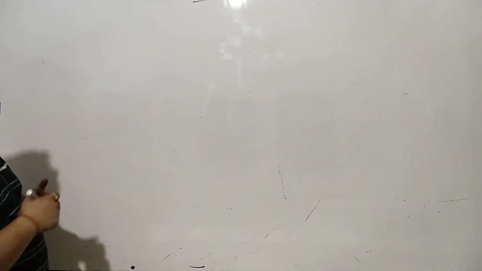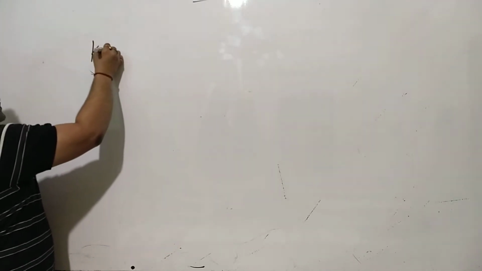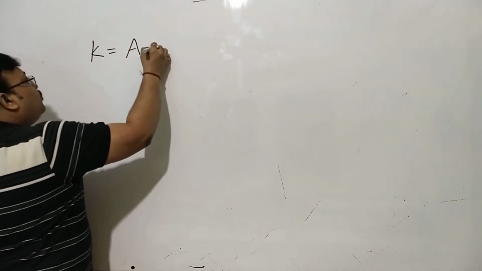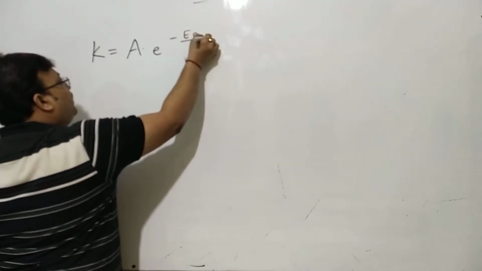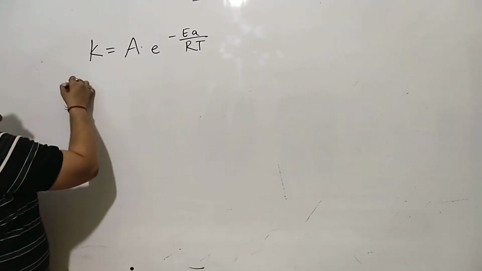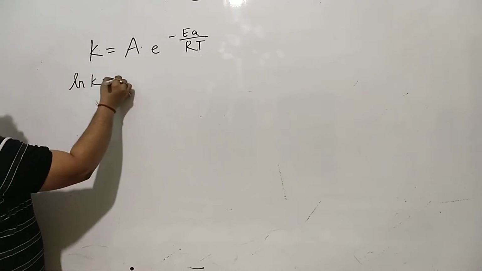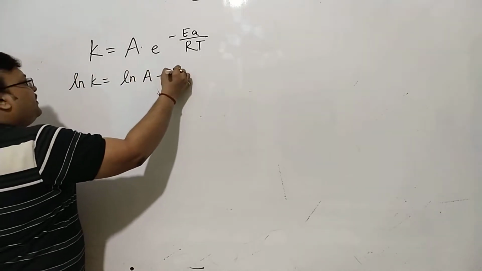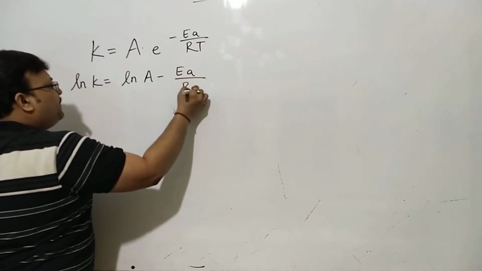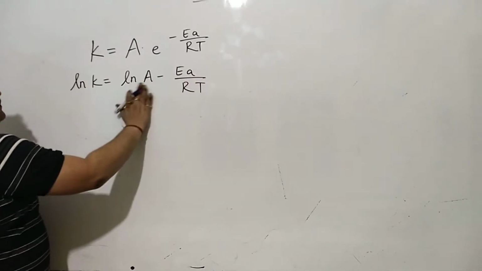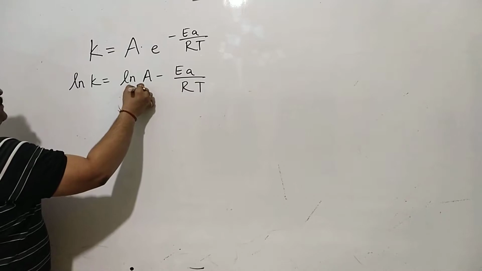It all began with K is equal to A into e to the power minus EA upon RT, and then I got ln K is equal to ln A minus EA upon RT, natural logarithm to the base e.